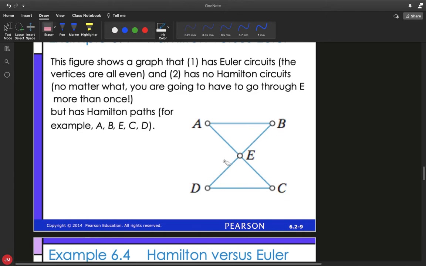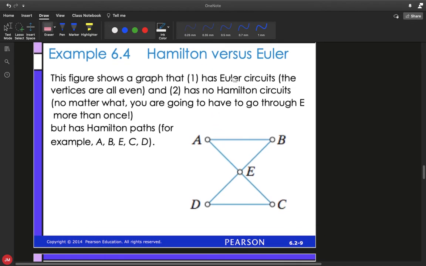All right, so looking at this graph, this one's kind of interesting. It does in fact have Euler circuits. You could go from A to B to E to C to D to E to A, and back where you started going through each of them.